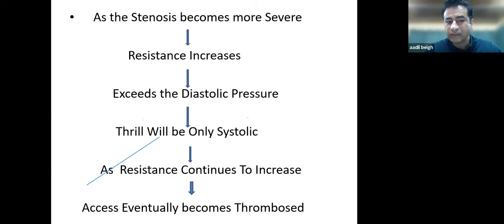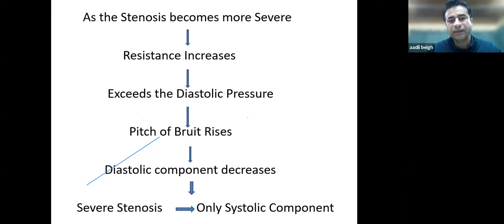There is only systolic thrill. You will feel the systolic thrill, it will be pulse-style, and there will be no flow in the diastole. When the resistance further increases and exceeds the systolic pressure, equals 140, there is only pulse.